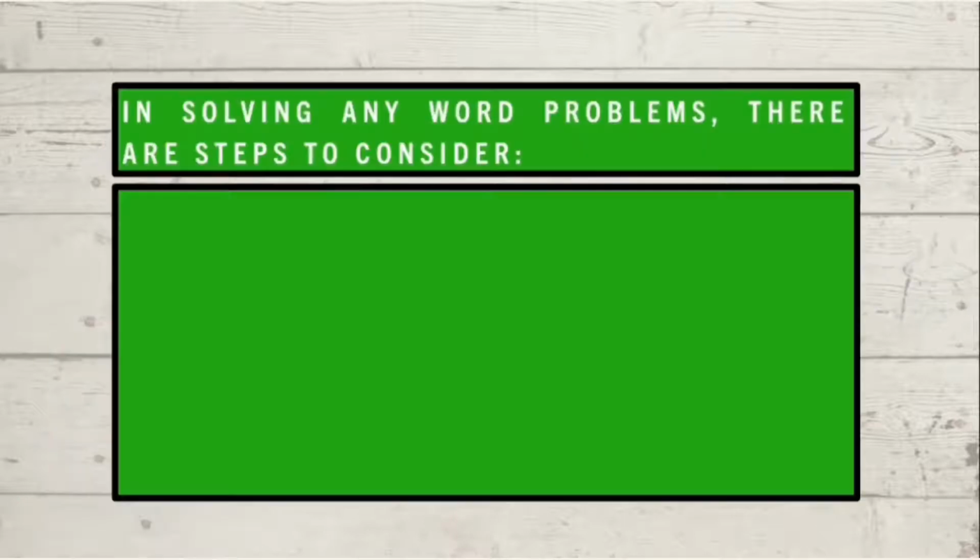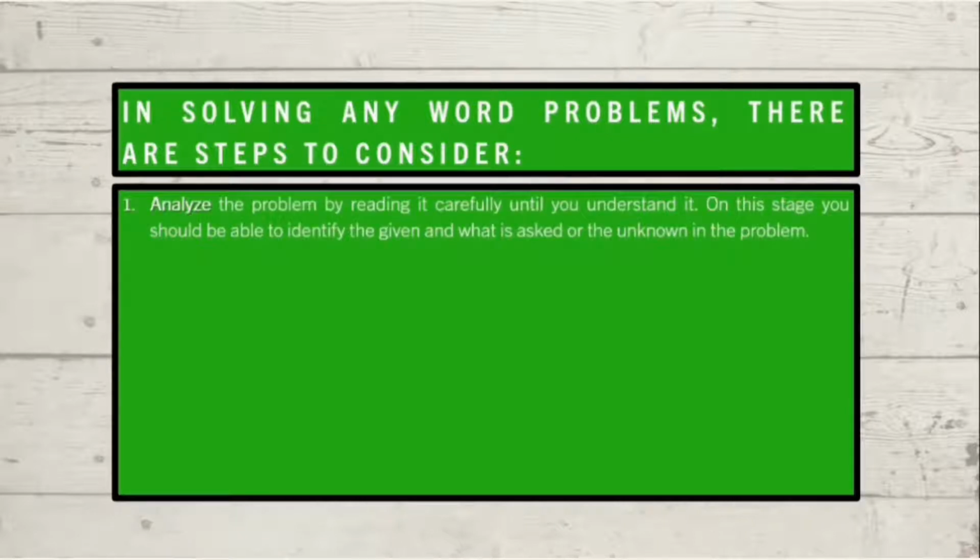Let's start! Let's enumerate the systematic steps in solving word problems, which I suggest is an effective method of solving problems, especially for beginners. We have the first, analyze the problem by reading it carefully until you understand it. At this stage, you should be able to identify the given and what is asked or the unknown in the problem.